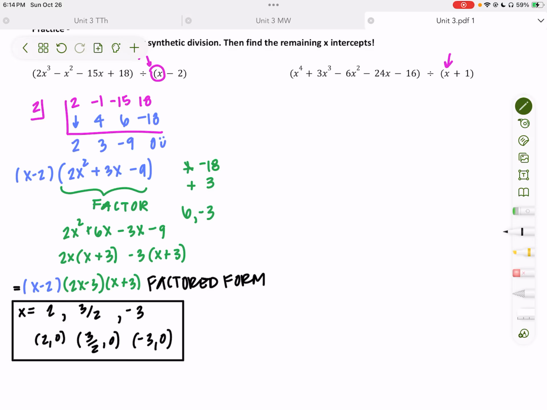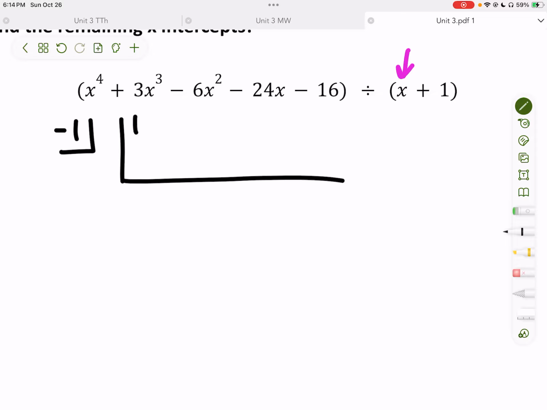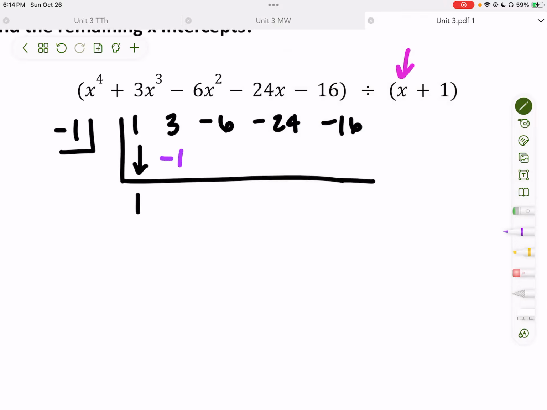Moving on to the next one, we'll have something similar. We are going to go ahead and divide by that -1. We have 1, 3, -6, -24, and -16. Bring the first term down and then start multiplying. Multiply by -1.